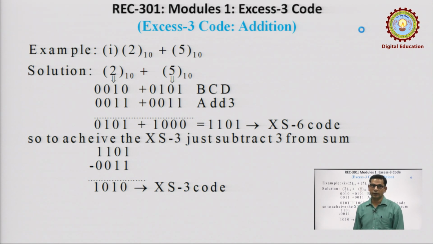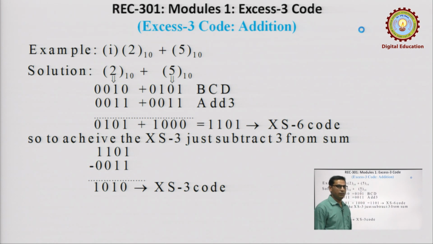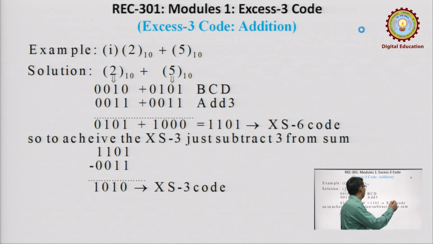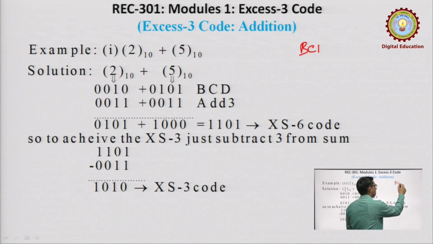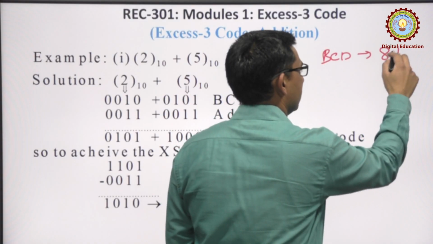Whenever we are talking about the Excess-3 code, first of all we convert any decimal number to the BCD code, which is a 4-bit code. In the BCD code we represent 1 decimal digit in a 4-bit binary number, and that is weighted. The weights for BCD are 8421.